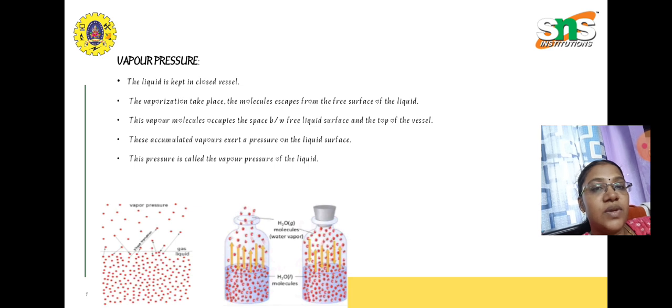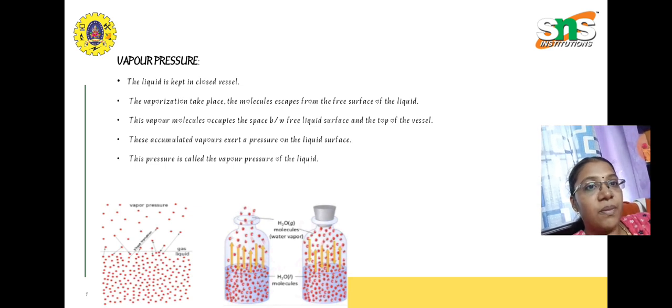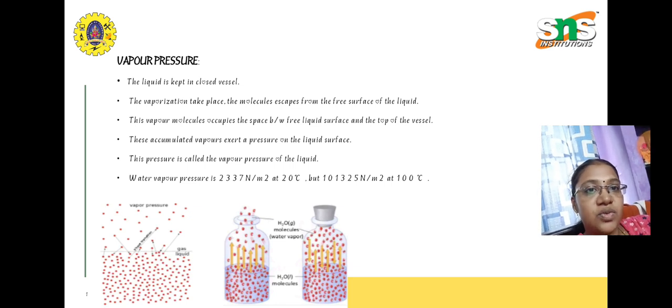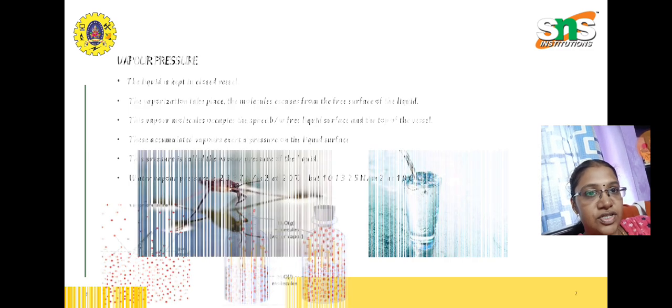These accumulated vapors will exert a pressure on the liquid surface. This pressure is called the vapor pressure of the liquid, and the vapor pressure maintained here is 2337 Newton per meter square at 20 degrees Celsius, but 1 lakh 1325 Newton per meter square at 100 degrees Celsius.